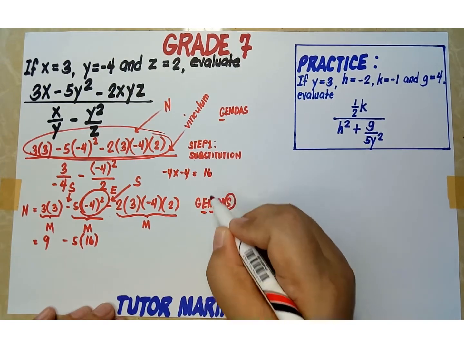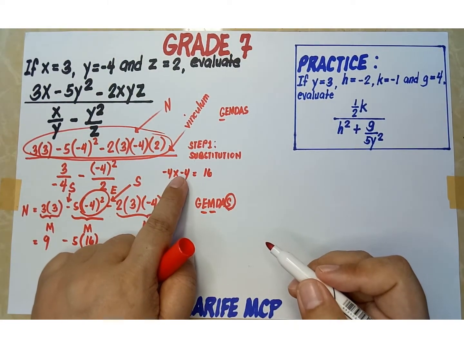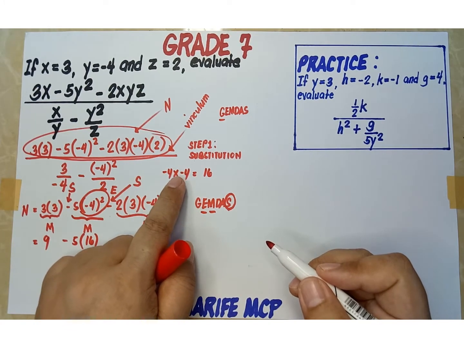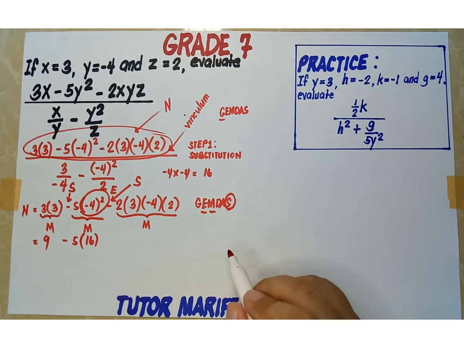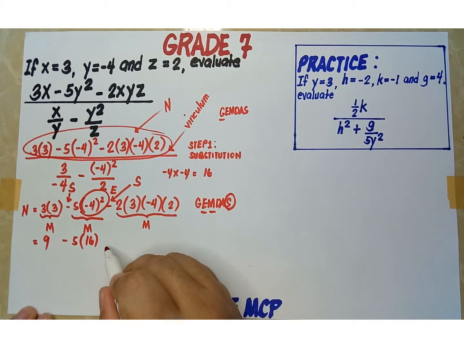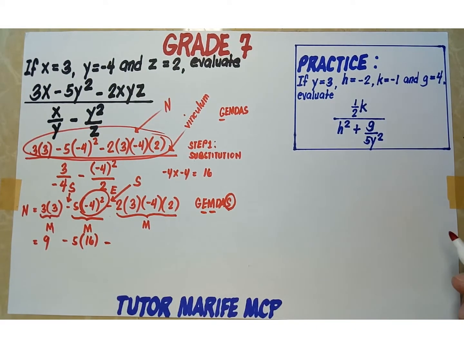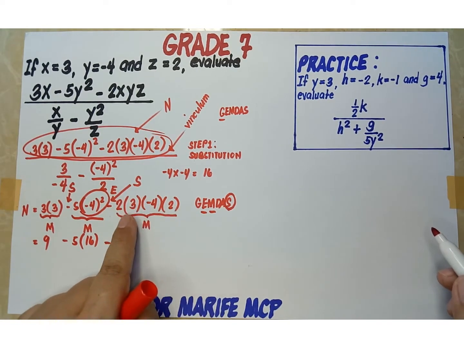So it's positive 16 because you have an even number of negative signs. Kaya positive yung 16.